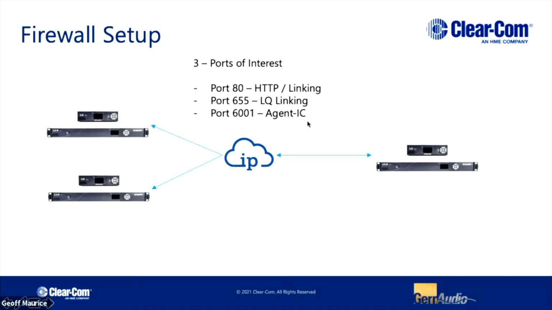If you're just using Agent IC, the only thing that we need is port 6001. So you don't need to worry about these other two ports here. These two ports are really just required for linking LQ boxes to each other. If you're doing linking between sites and Agent IC, you'll need to do all three, of course. And again, they can be different numbers that get redirected to these at the local level as well.